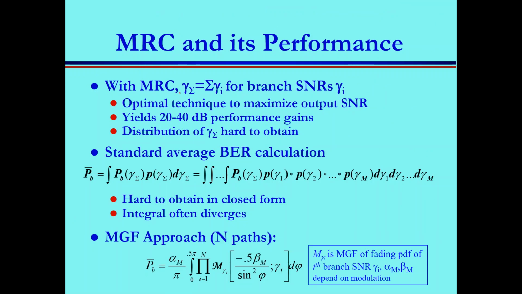With maximum ratio combination, I just said this, you have the signal to noise ratio, SNR, and you need to find the instantaneous sum. It's the sum of all the SNRs coming from each antenna, for each branch. It gives you a gain of 40 dB, and the distribution of gamma is usually hard to obtain mathematically.